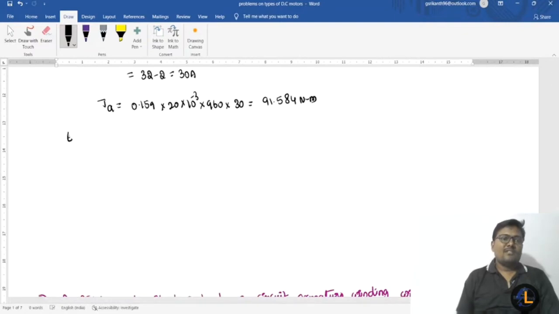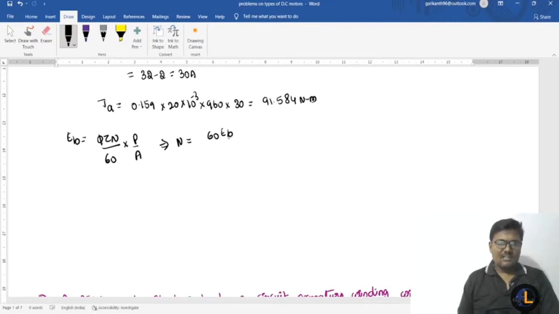Then the back EMF EB is equal to phi Z n by 60 into P divided by A. From this, N is equal to 60 EB into A by P by phi Z. So A and P both are cancelled.